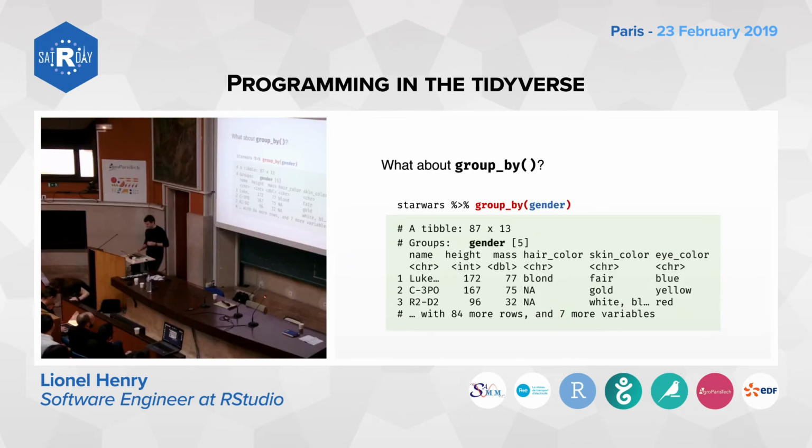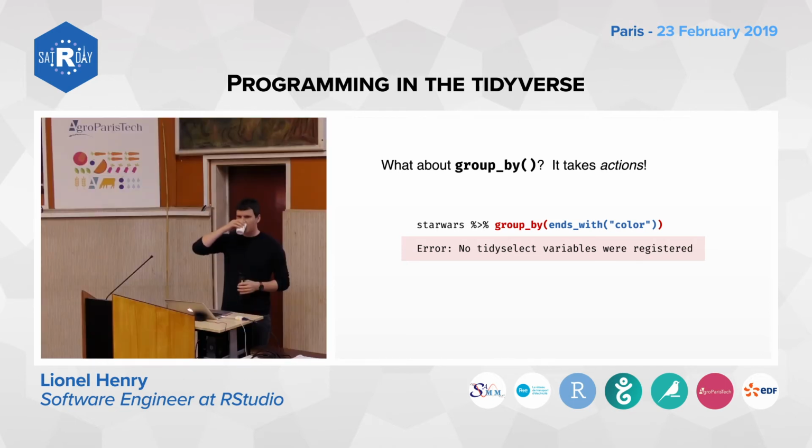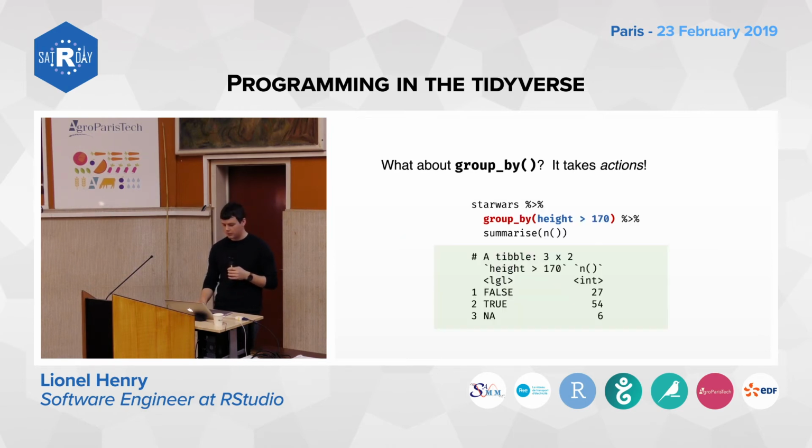So what about group by? It's an interesting function because many people think that it does selections. You want to group by a selection of variables, but actually it's an action function. And so if you pass a selection, you get this error that says that the variables are not registered.